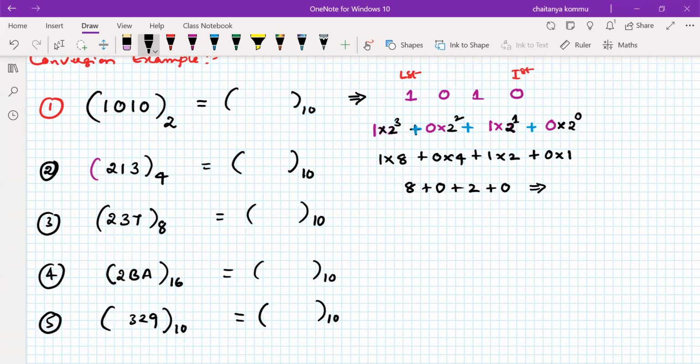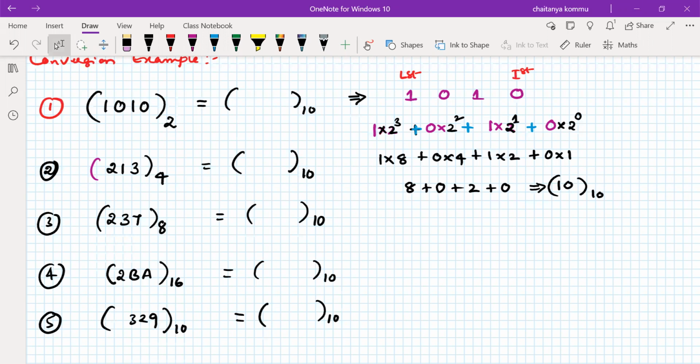What is the value of this one? This is 10, base 10. Please remember that we have to mention its base number system also. Are you agreed? Is it understood? Are you getting what I'm doing here?